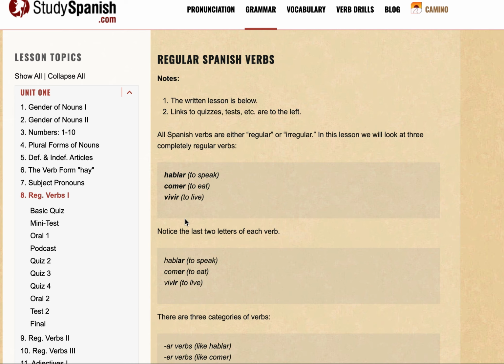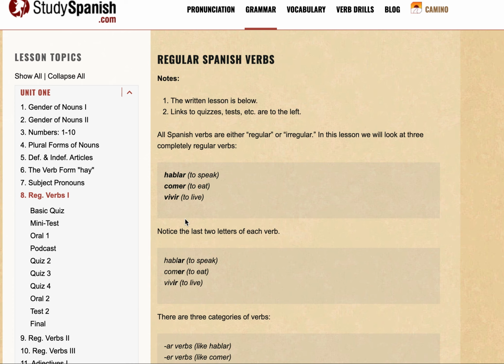Just like with anyone, you have to remove the ending of the verb, and the other thing is to know the regular form of the verb. To eat is comer, to speak is hablar, and to live is vivir.